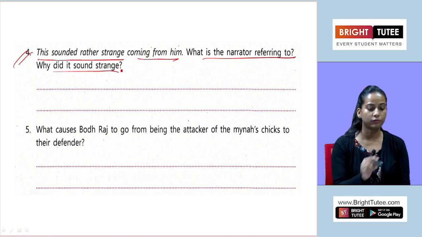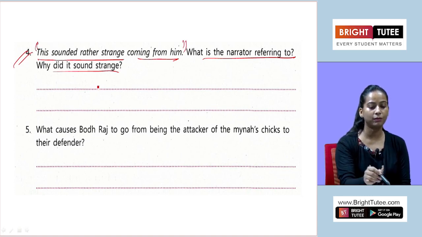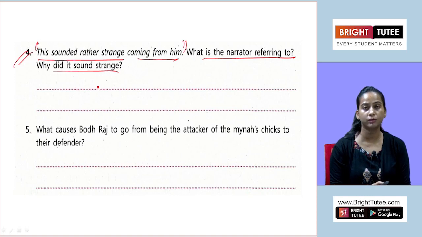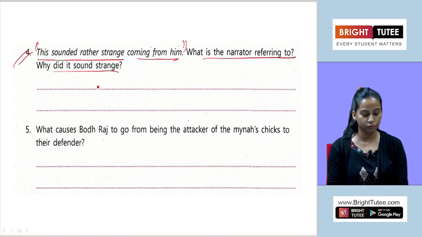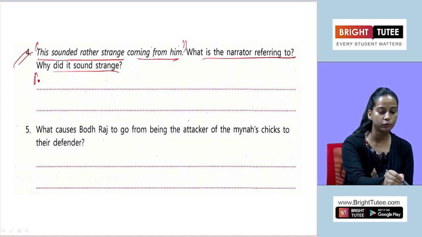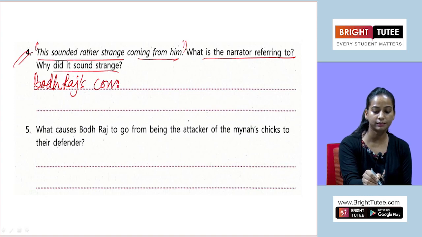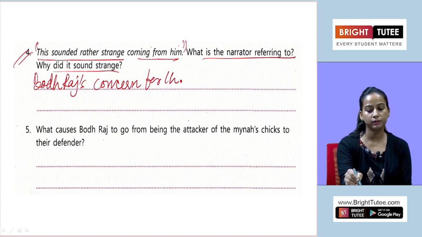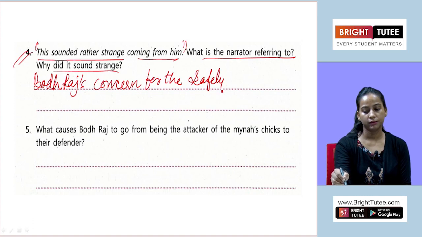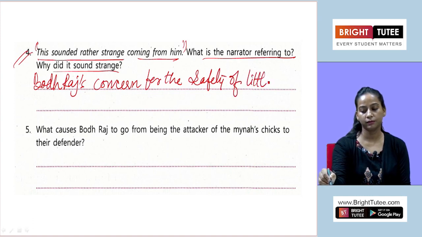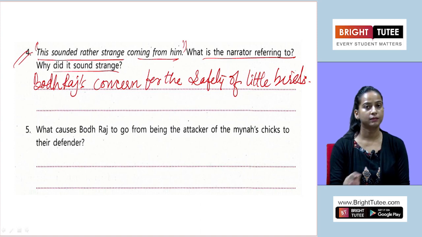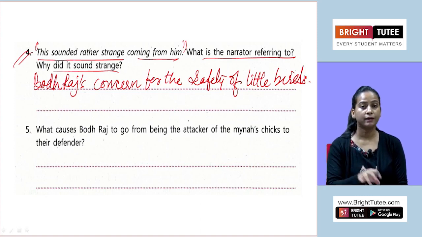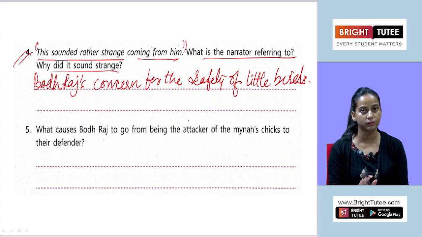Here we can see that when the narrator said that this sounded rather strange coming from him, coming from Bodhraj, he was referring to Bodhraj's concern for the safety of little birds, the chicks.